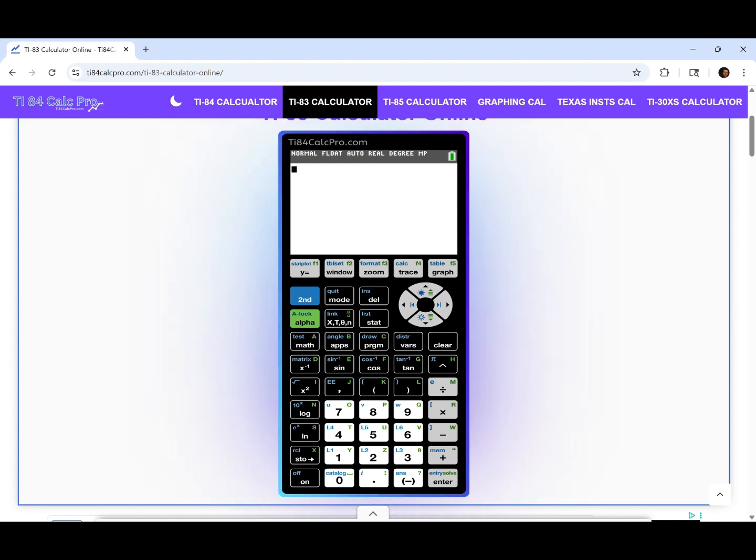So remember, we are trying to find sine inverse of this unsimplified fraction, 4,000 over 26,400. For sine inverse, you'll see the sine button has sine inverse written above it in blue. To hit sine inverse, we have to hit second, that shift key, and then the sine button, and we get sine inverse like that.